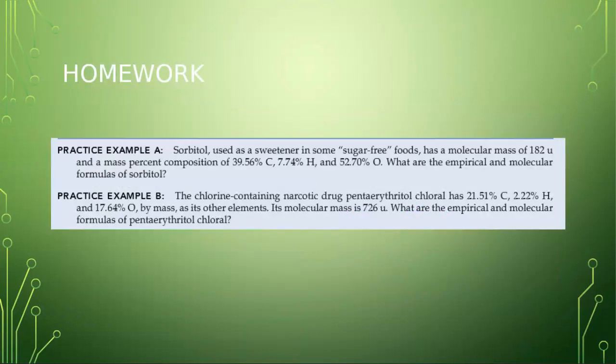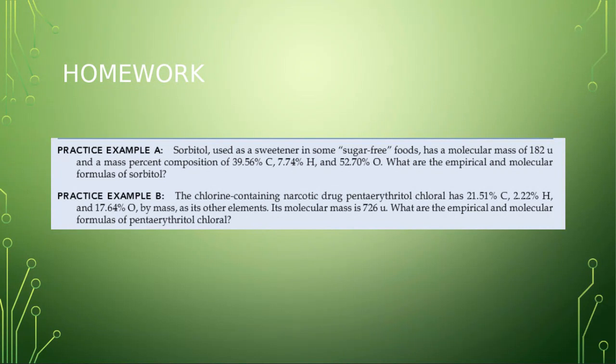This is sorbitol, a sugar-free sweetener in foods, and you don't know anything about its formula. They give you the percentages of C, H, and O atoms, and you can think of this as your mass, and you will do the same thing.